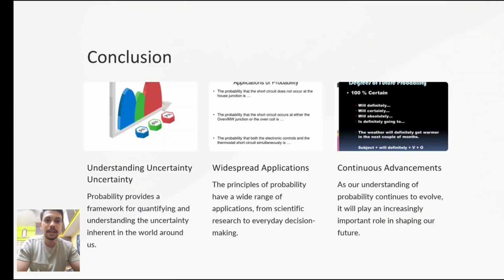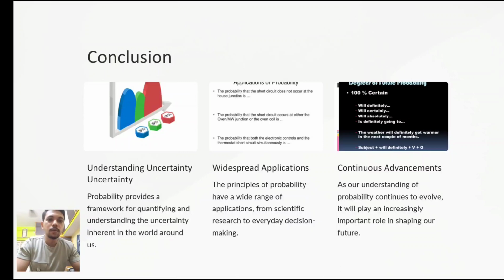And the last one is conclusion. Understanding uncertainty. Probability provides a framework for understanding the uncertainty inherent in the world around us.